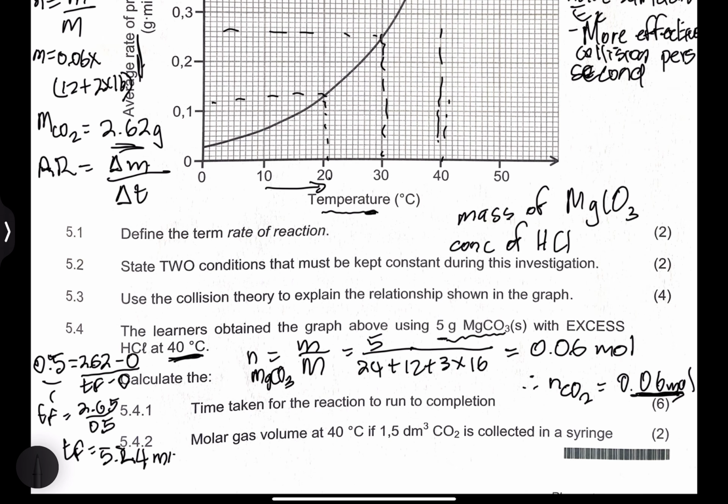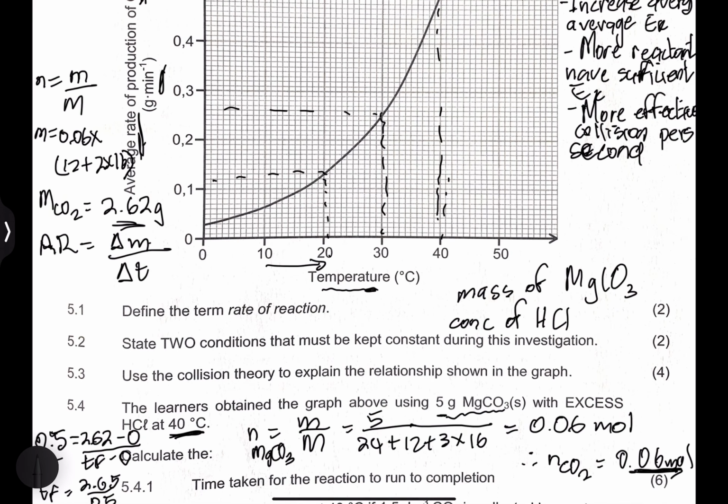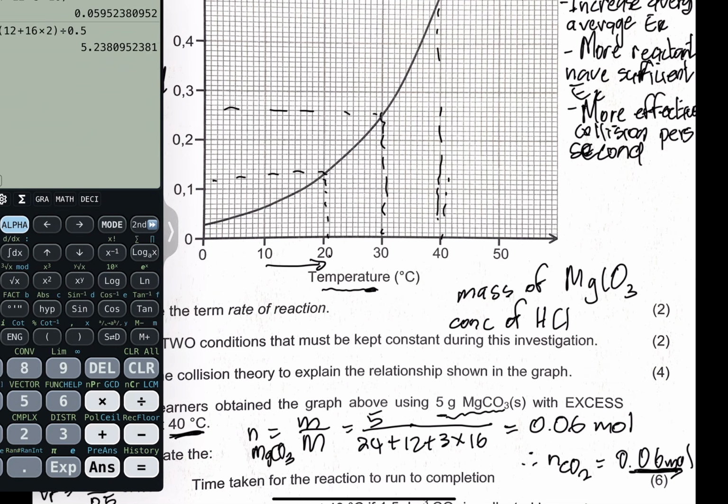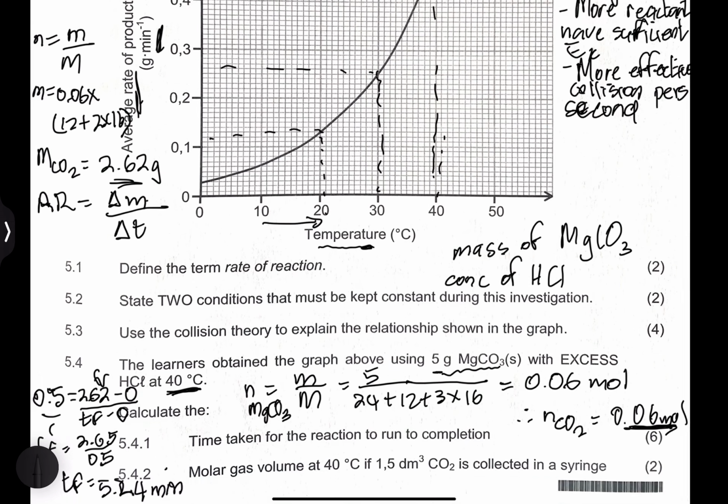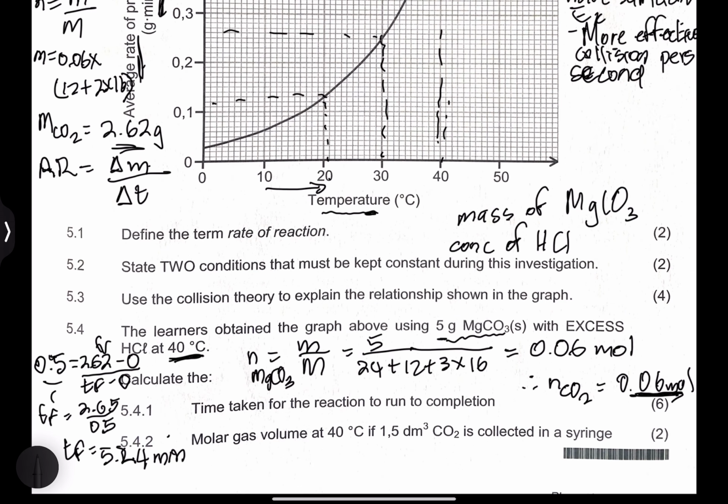Minutes. Remember that the average rate of reaction was given in grams per minute, so that's why I had to use mass here, grams divided by minutes. And in this case, the value that we got at the bottom there, 5.24, is in minutes.